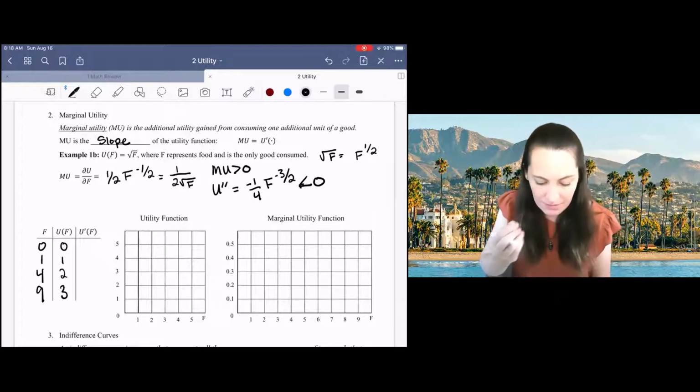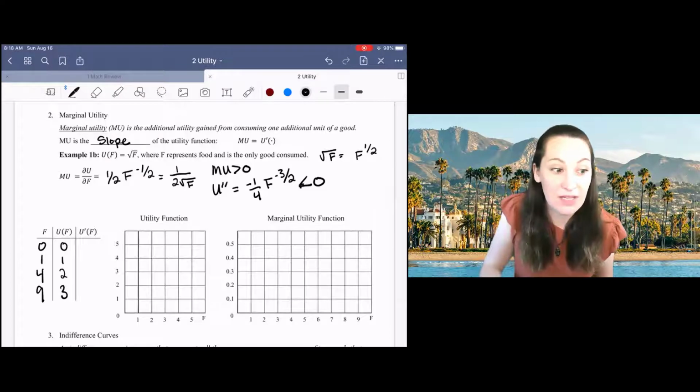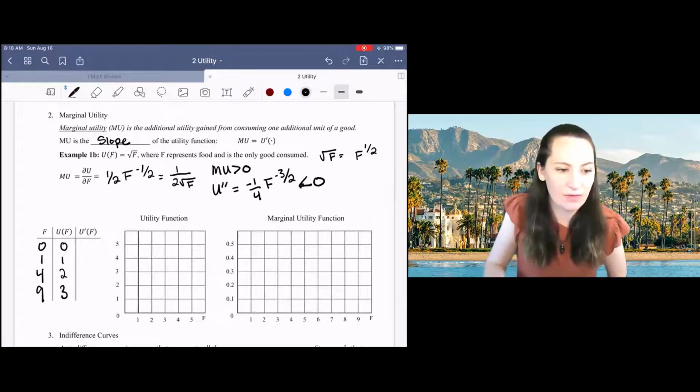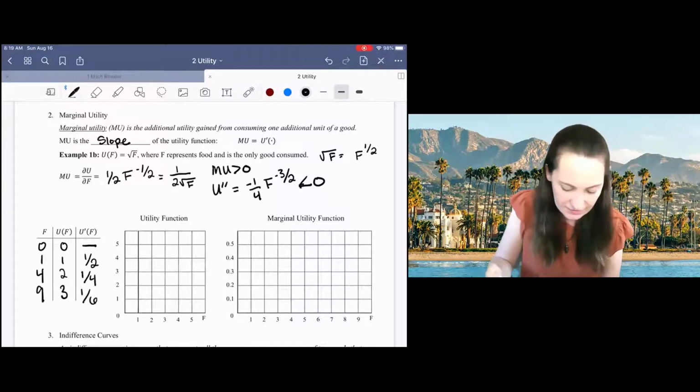And then my marginal utility is going to be 1/2 times 1 over basically utility, right? The square root of f. So that's going to be, it's not really defined here. We've got 1/2, 1/4, and then 1/6.